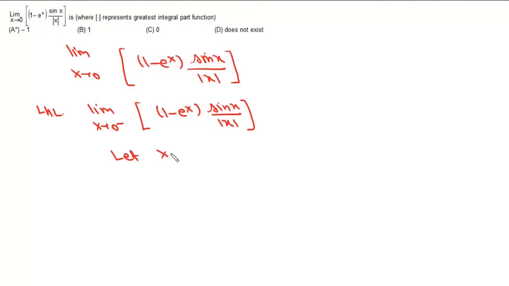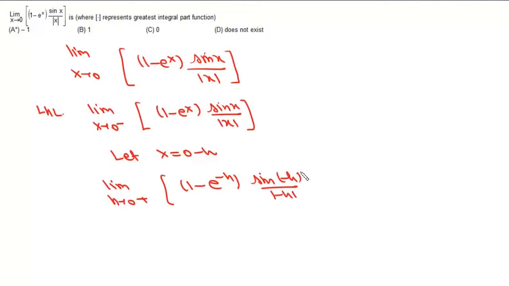Now we let x as 0 minus h, so it will be limit h tends to 0 positive, and it will be 1 minus e to the power minus h, and here it will be sin minus h upon mod of minus h, which we can write as greatest integer function of 1 minus e to the power minus h into minus sin h upon h.